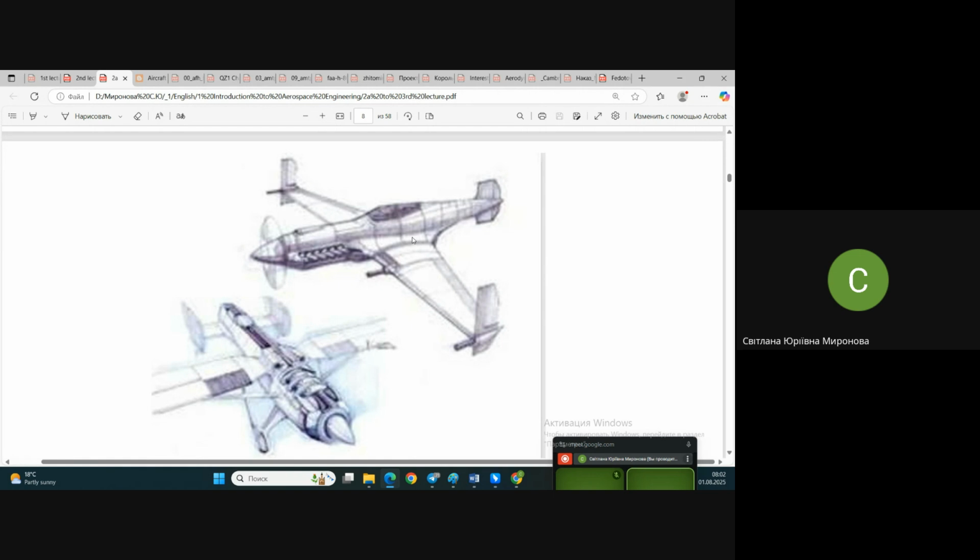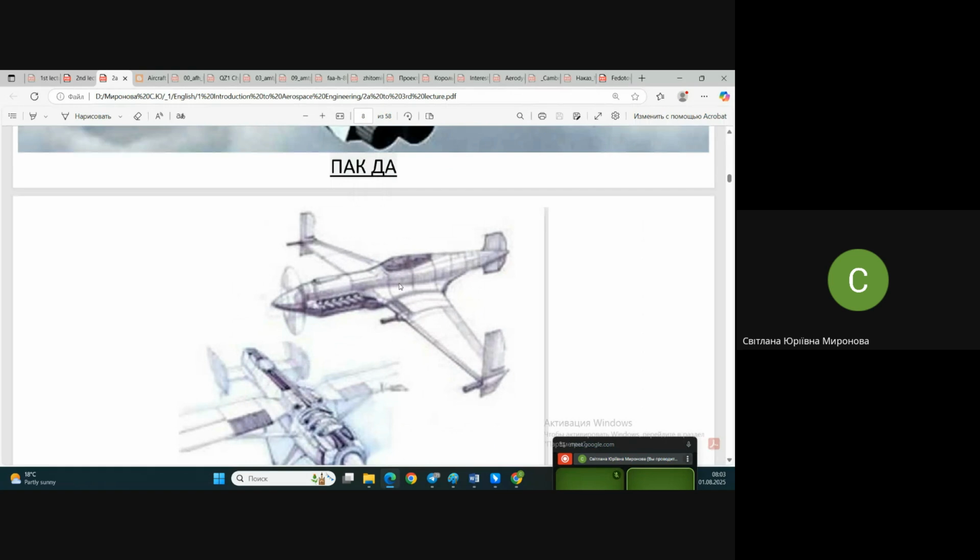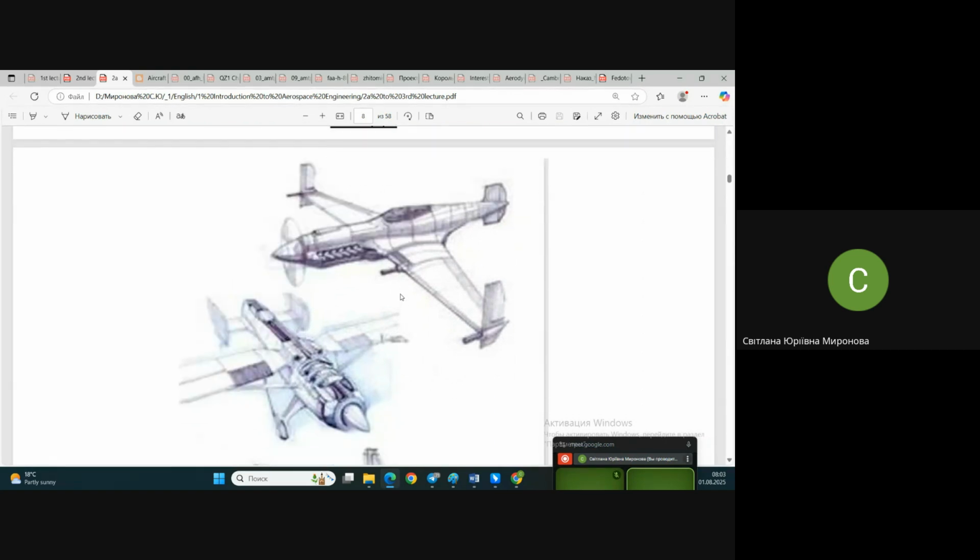And how many fins does it have? One, two, three fins. Where is the stabilizer? Do you see a stabilizer? I do not. How is stability of this airplane provided? Not sure. And certainly it's not compulsory the real one. It's maybe someone's concept, let's say.